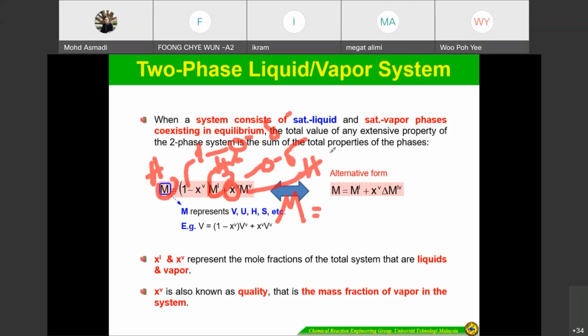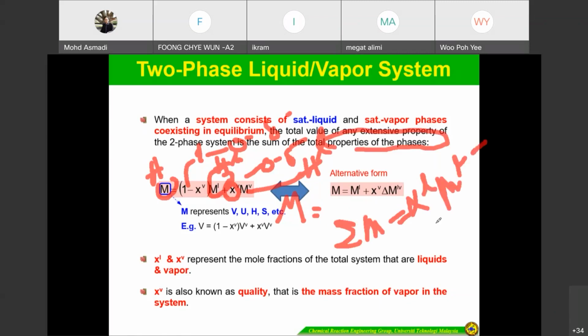The sum for each phase, for the two-phase system, the total properties of the phases. If you want to find total M, I think all of you know, right? X_L M_L plus X_V M_V. That is important because of composition.